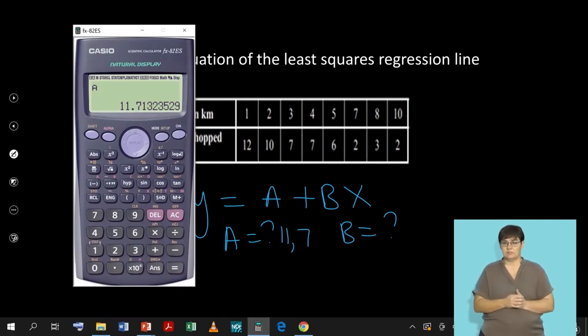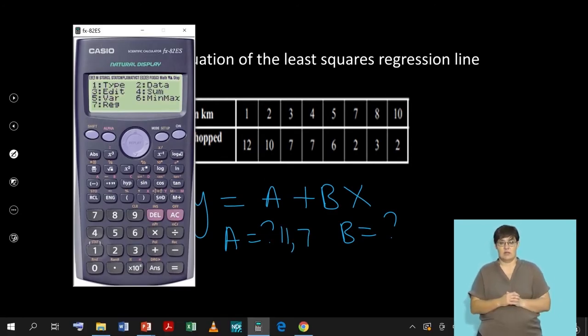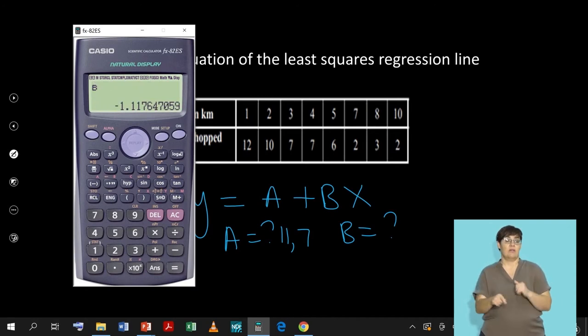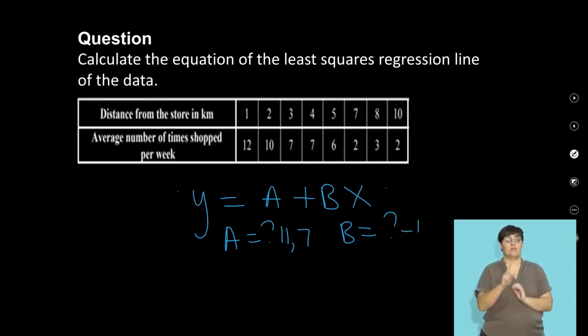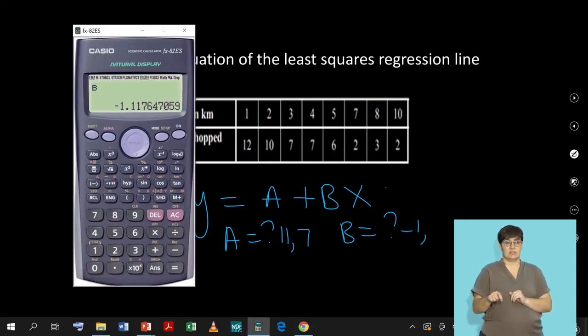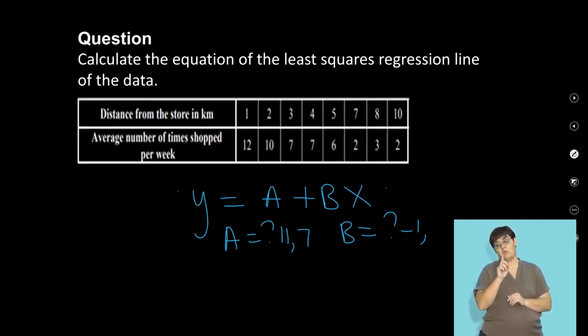Then what about the B value? The B value, again, shift 1, regression 7. I want the B value, which is 2, equal, which gives me a negative 1 point what? If I round to 2 decimal places, 1.12.